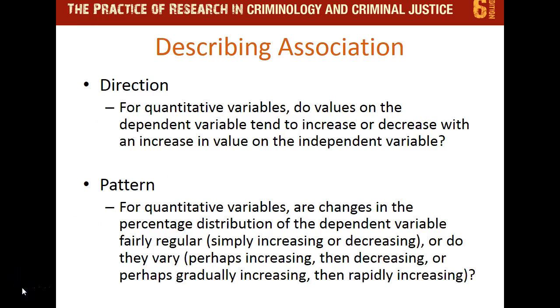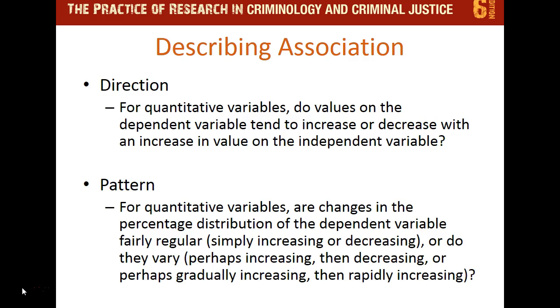And remember, when you're looking at association, you want to look at how you're describing it. So you're looking at the direction. For quantitative variables, do values on the dependent variable tend to increase or decrease with an increase in the value? So when the independent variable increases or decreases, is that increasing or decreasing your dependent? So you're looking at how your independent is impacting your dependent.